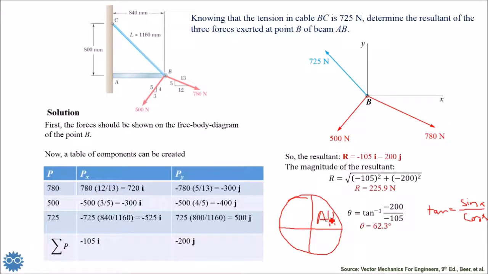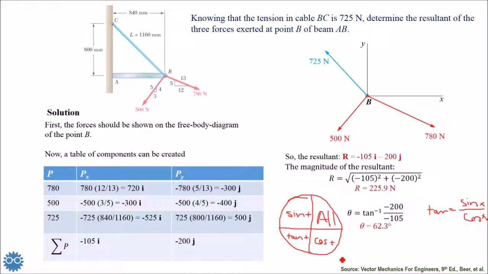Sine, cosine, tan, all are positive here. Here in the second quarter, the sines are positive. Here, the tans are positive. And finally, here the cosines are positive.